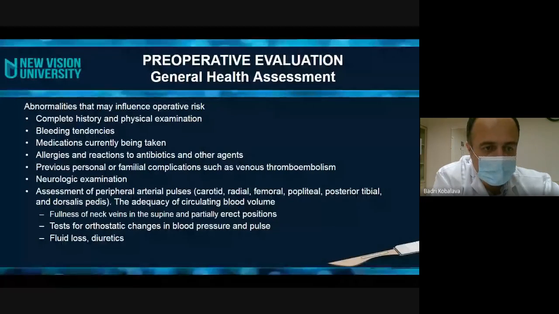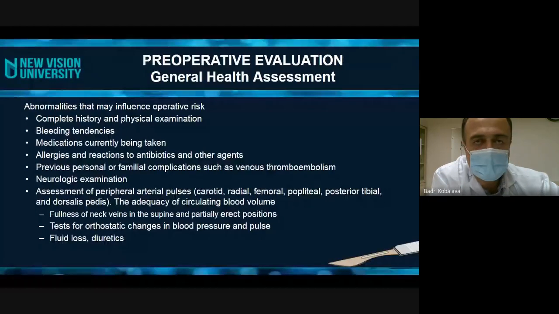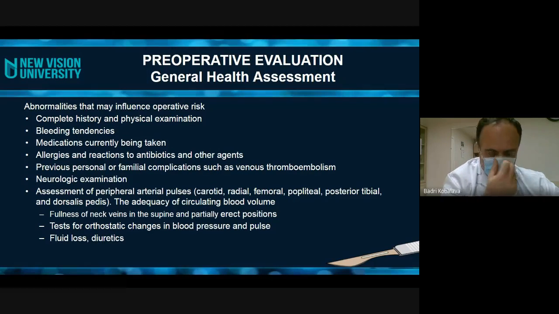That's why the doctor must have information about the medications the patient got before surgery. It could be anti-diabetic, hypoglycemic, anti-arrhythmic medications, and so on.